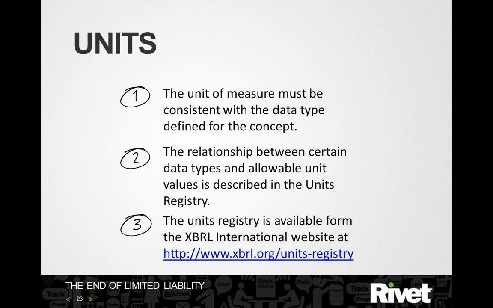And what XBRL International has defined is what's called a units registry, and this lists what all the units are, and we'll talk about that in a minute. But that units registry requires that the unit used should be consistent with the data type.